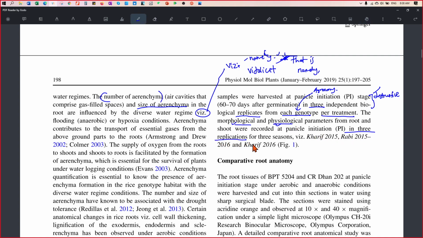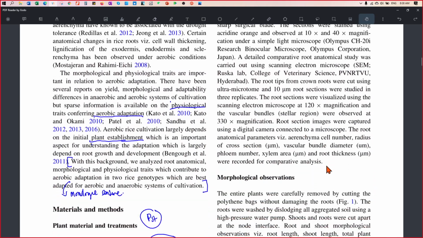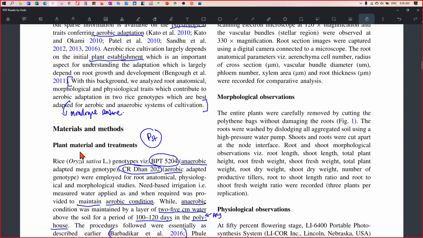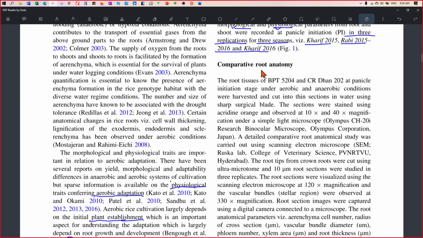So this is how you report your own findings. Okay, they have covered the plant material and treatments, and then comparative root anatomy.